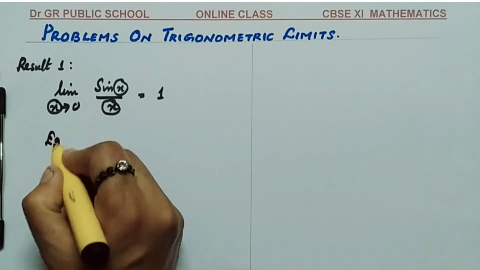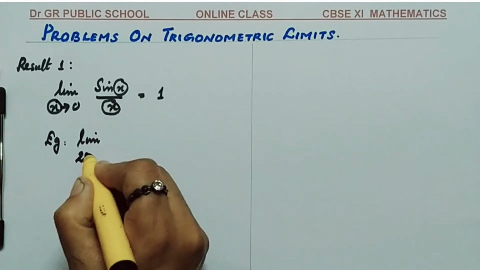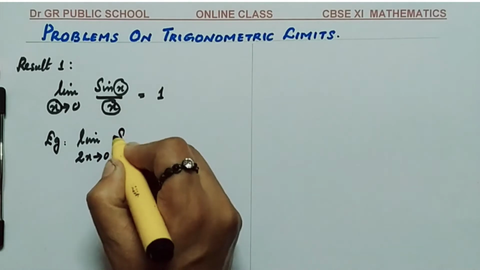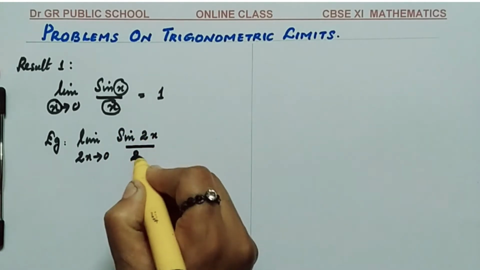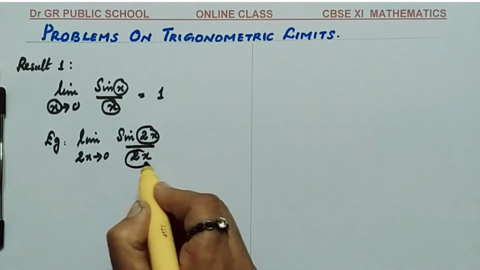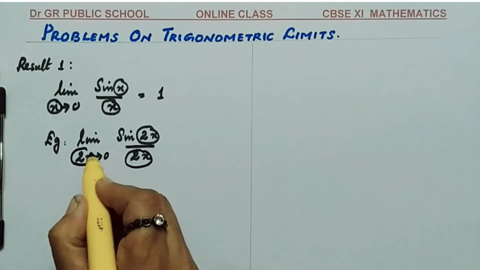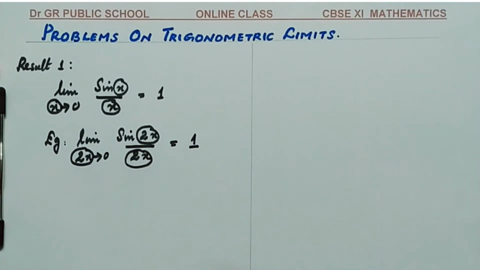Example, if your result is limit 2x tends to 0, then sin 2x divided by 2x needs to come. The same 2x needs to come in the denominator and the same 2x needs to tend to 0, then only you can take the result as 1.